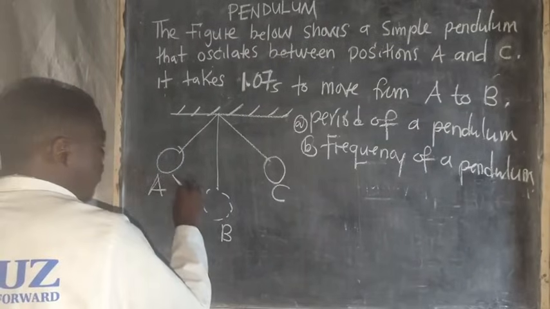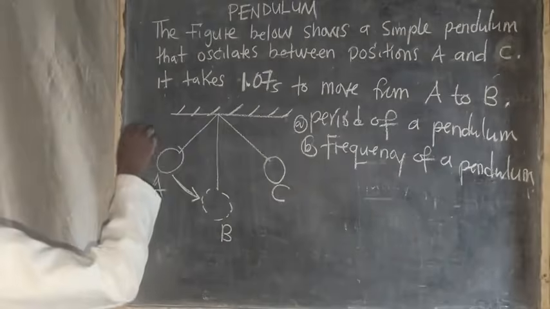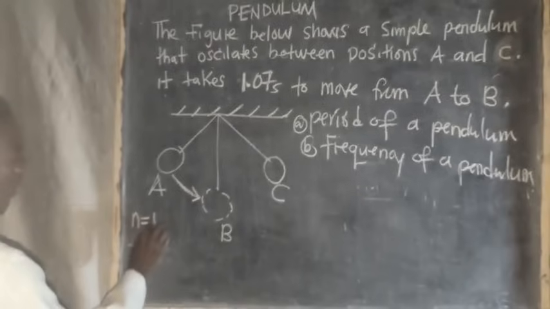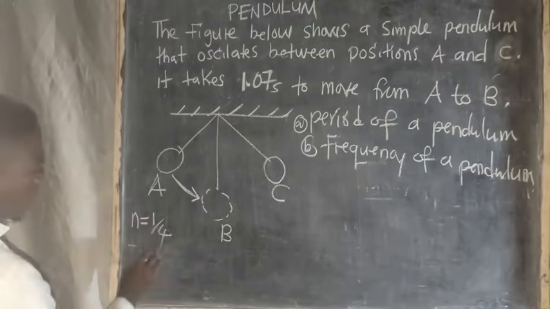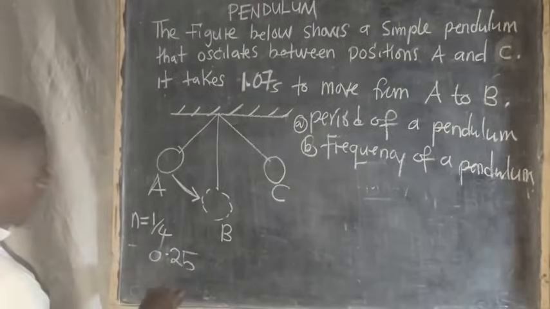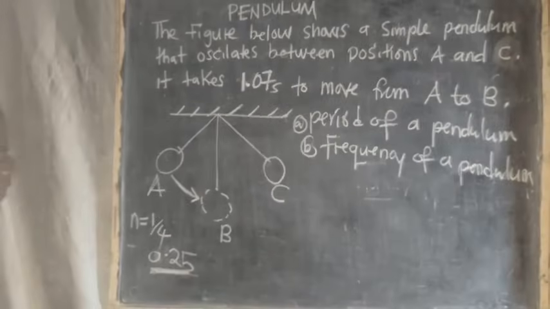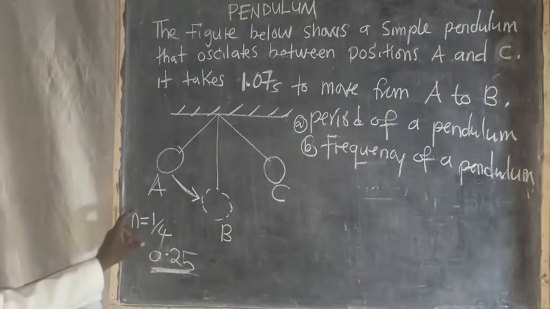So from A to B, what is the value of N? I told you that if it moves from A to B, it is just 1 over 4. 1 over 4 can also be as what? 0.25 when you divide. So meaning that this is the value of N as 0.25. It is just 1 over 4.